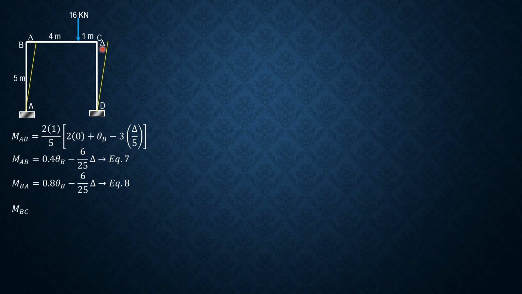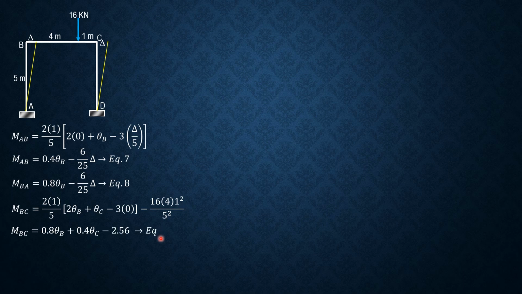So 2 times 1 over 5, quantity 2 theta B plus theta C minus 3 times 0, then minus 16 times 4 times 1 square over 5 square, fixed moment. Simplifying, MBC is 0.8 theta B plus 0.4 theta C minus 2.56, equation 9.